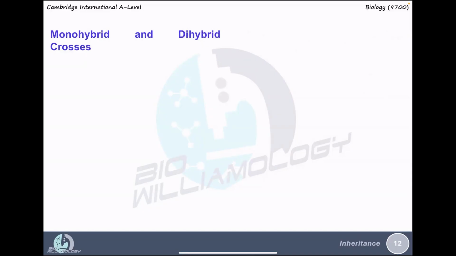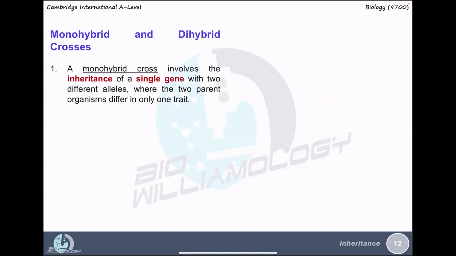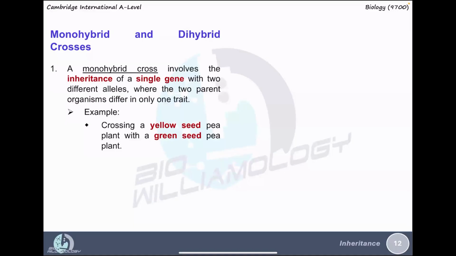So let us look at the monohybrid and dihybrid crosses done by Mendel. A monohybrid cross involves the inheritance of a single gene with two different alleles, where the two parent organisms differ in only one trait. For example, we can cross a yellow seed pea plant with a green seed pea plant. Both refer to one single trait, which is the seed color.